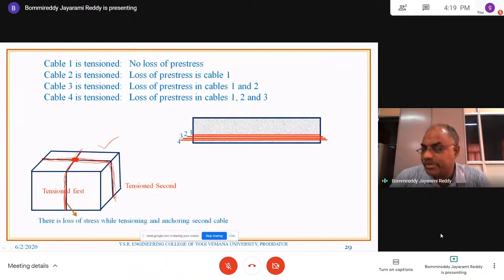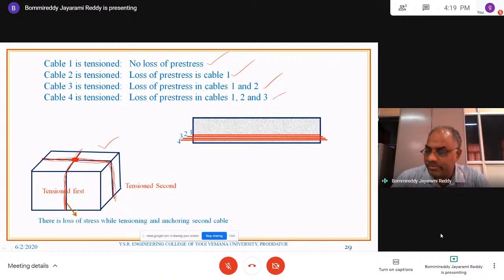So in the same way, when cable 1 is tensioned, there is no loss because it is the first cable itself. When cable 2 is tensioned, the loss is in cable 1. When cable 3 is tensioned, loss in both cables 1 and 2. When cable 4 is tensioned, loss in 1, 2 and 3.